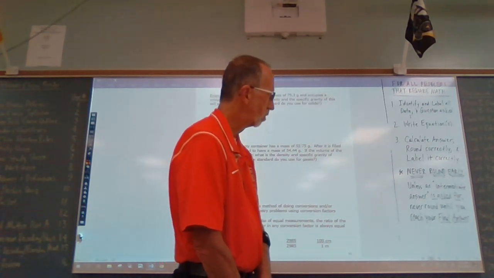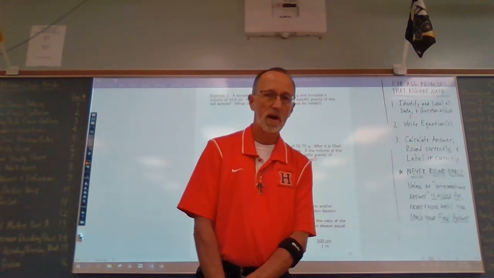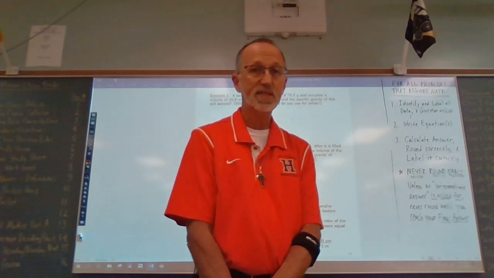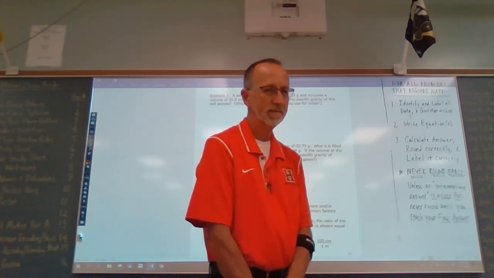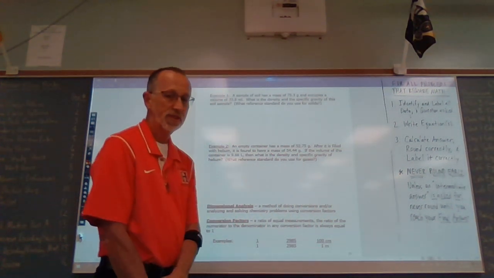So unless an intermediate answer is asked for, you never round until you get to the final answer. If an intermediate answer is asked for, you round that answer, but you do not use that rounded number in computing the final answer. I hope you have that clear, because that's going to come up a lot. All right, so having said that, let's run through these two problems here and do what we're supposed to do.